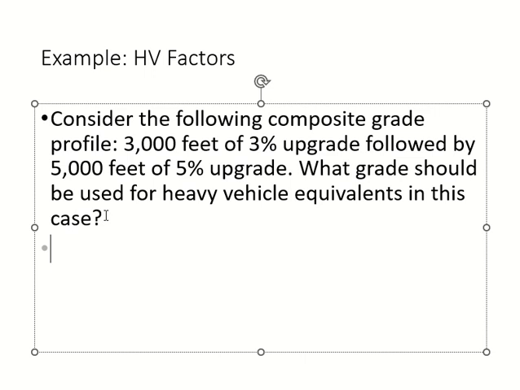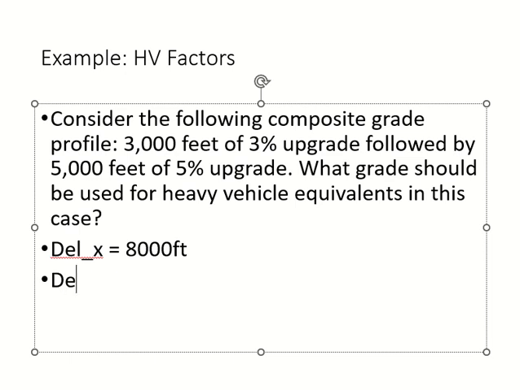For example, take this example over here. We have a segment which has 2 gradients. You can see the values 3% and 5%. For each one of them, the length of the part in which this gradient applies is given. So 3% is in the part of 3000 feet, and 5% is in the part of 5000 feet. So how much is delta x now? 3 plus 5.